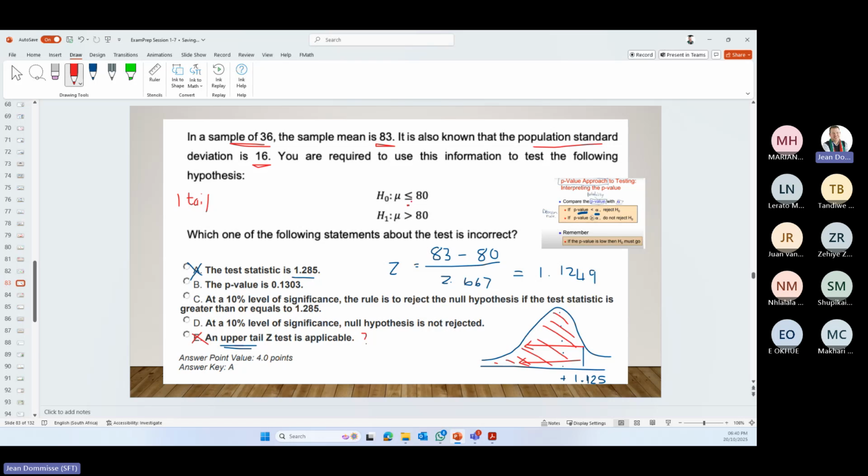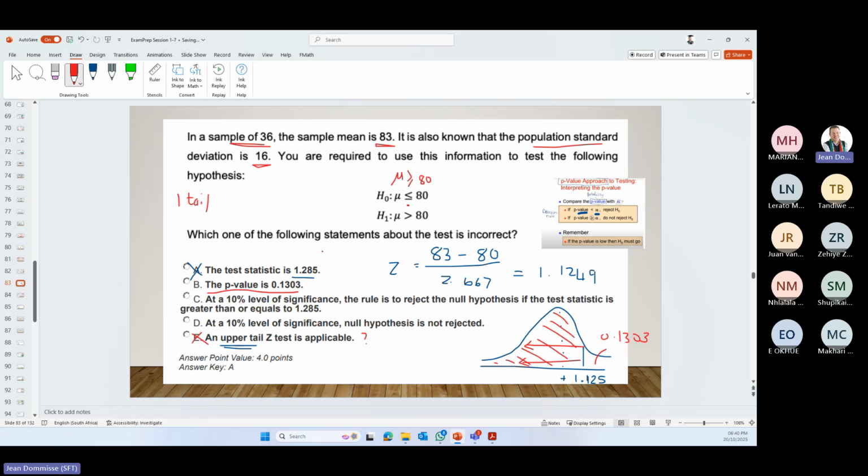That should have been bigger or equal to, because if you look at the p-value, that is going to be a big p-value, probably 0.1303, which would have worked if that was bigger or equal to 80.